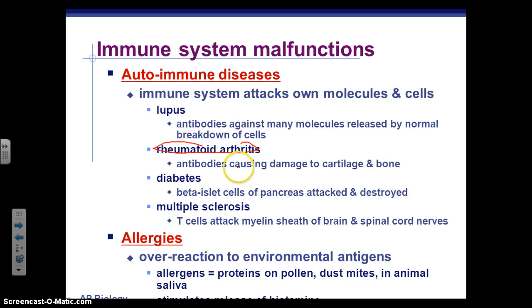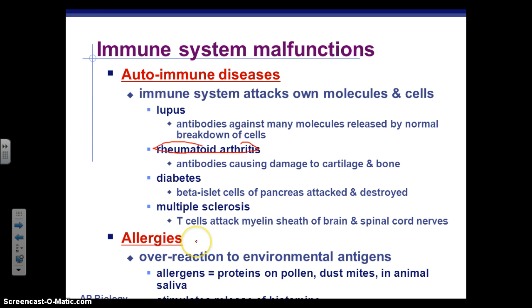In diabetes, immune cells attack the beta cells, so they can't make insulin. In multiple sclerosis, the T cells attack the myelin sheath of the nerve cell, which insulates the neuron, so it can't send the action potential as efficiently. And then we have allergies.